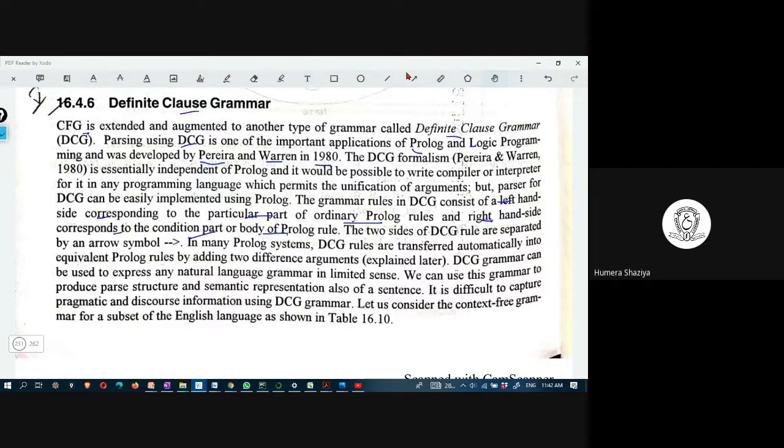These two sides are separated by an arrow symbol. In Prolog, DCG rules are transferred automatically into equivalent Prolog rules because they are closely related.